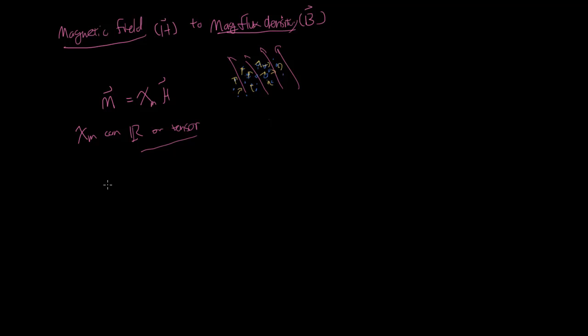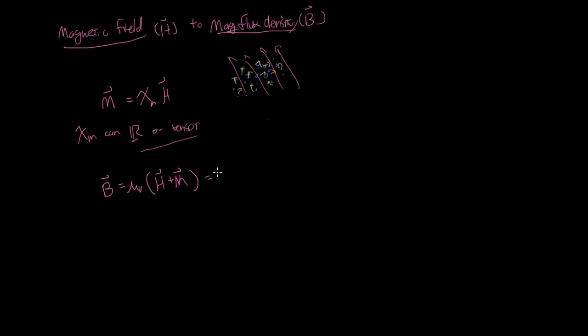But when it's just a simple number, we can follow a process very similar to electric fields, where we can write that the magnetic flux density will be a combination of the magnetic field plus the magnetic moments that are created.